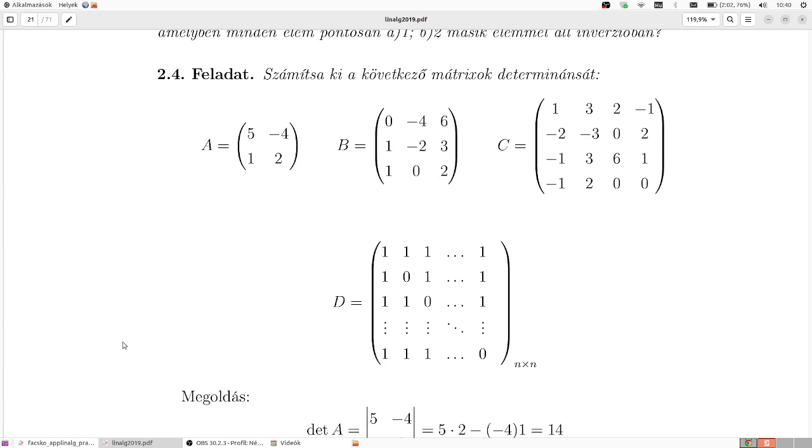I'm happy with this. I have 2, 0 minus, well, okay, it's not the nicest stuff, but I don't have so many places, so it's 16.